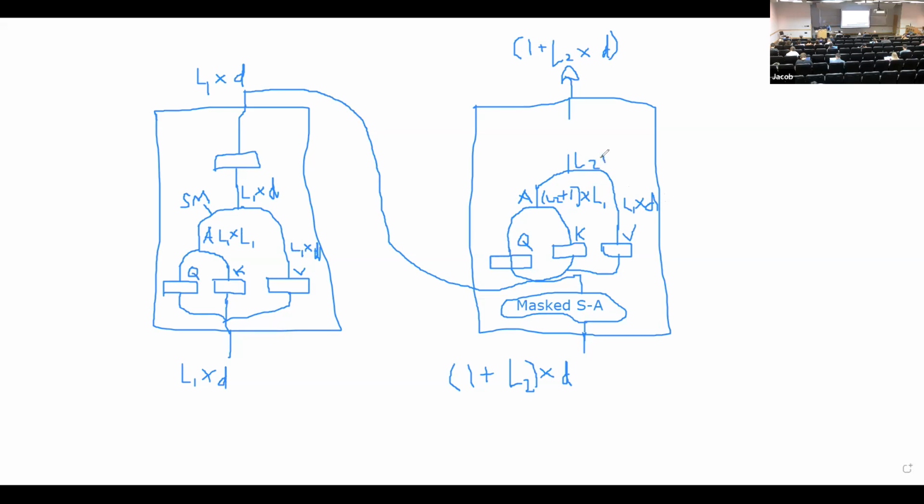Because those shapes are the same, we can just add them directly to each other. And again, we will have a concatenation and a linear layer here, which we will just represent by this block. And we get an output of size L2 plus 1 by D.